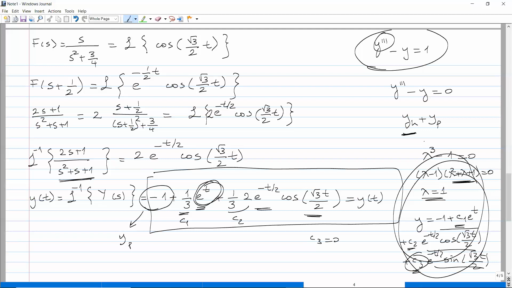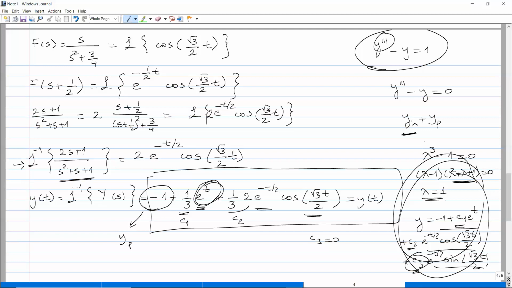In this case, maybe we did some work, but in order for you to understand how we obtained the inverse Laplace transform, I tried to include more details. When you are working it out, you don't need to write this many details, especially to find the inverse Laplace of the last term.